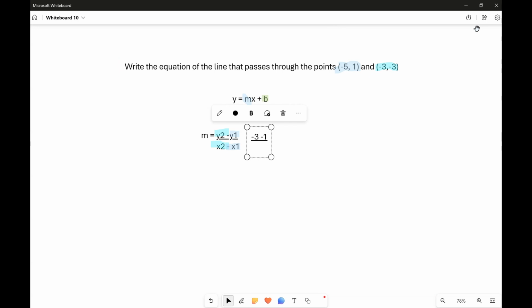Next, we're going to take the x2, which is negative 3, and subtract from that the x1, which is negative 5. Right? So when we do this math, it's going to become negative 3 minus 1, which is negative 4.